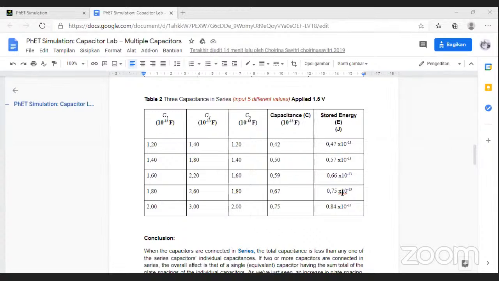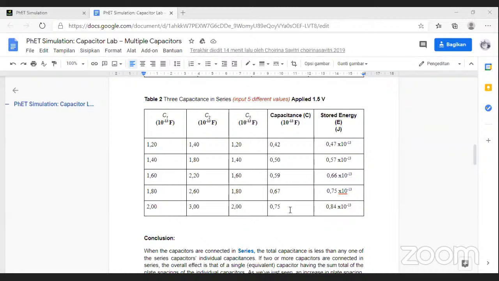And the last: capacitor 1 is 2 times 10 to the power of minus 13, capacitor 2 is 3 times 10 to the power of minus 13, and capacitor 3 is 2 times 10 to the power of minus 13.